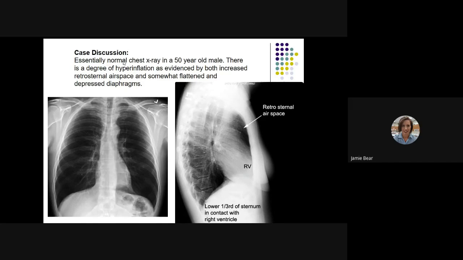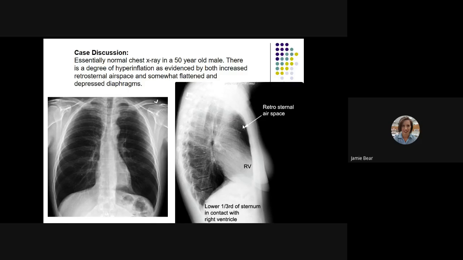So here we have essentially a normal chest x-ray in a 50-year-old male. This is the PA view, and this is the lateral view. There is a degree in this person of hyperinflation, evidenced by the increase in the retrosternal space. You can see right here, this is one finding on a lateral chest x-ray: right behind the sternum, there's more air than there should be.